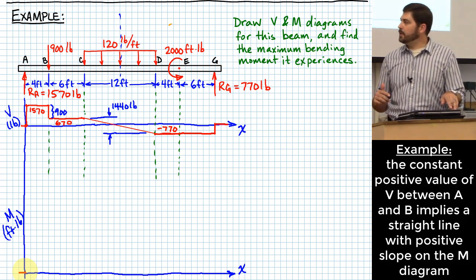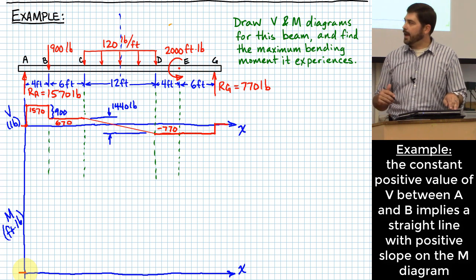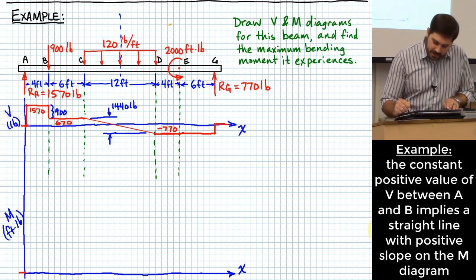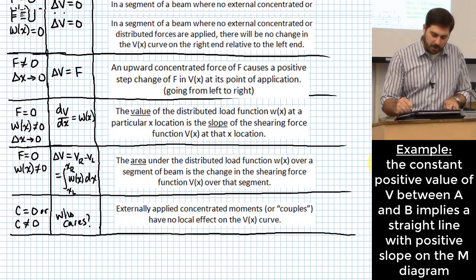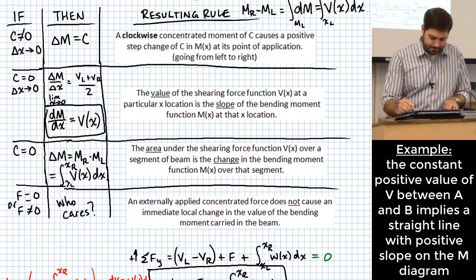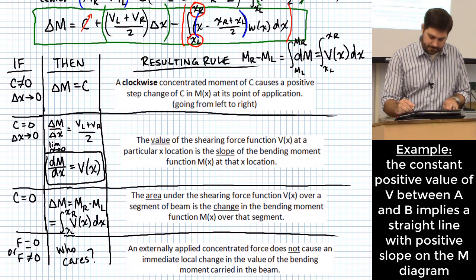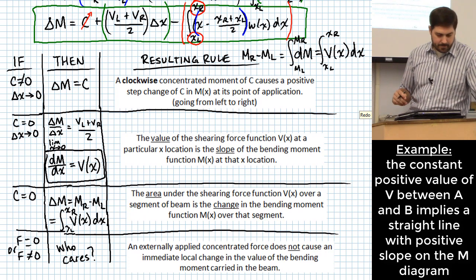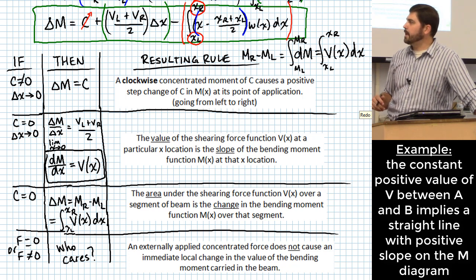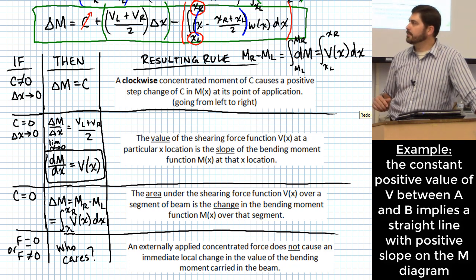Now let's think about what we need to do next. Okay, so there's going to be some kind of a change that happens because of the concentrated force RA, but not something that directly happens because of that concentrated force RA. We need to go up and look at our rules for bending moment. Okay? What is it that causes the bending moment function to start changing?